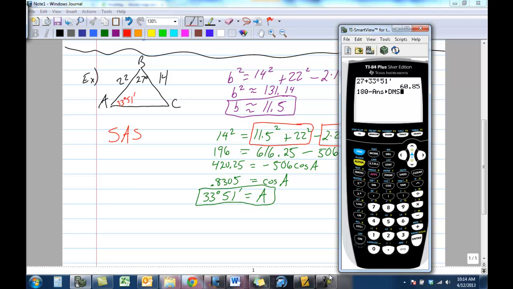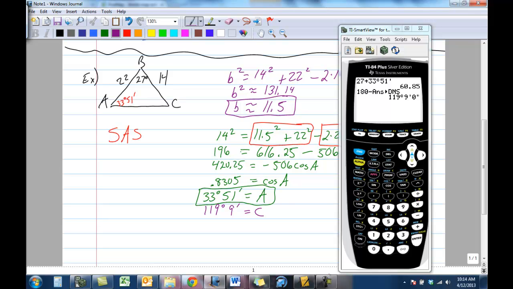DMS our answer. Real quick. If we have 51 minutes right now, how many more minutes do we need? What's the minutes going to be on our third angle? Take a guess. If you guess 9 minutes, you're starting to get this. Anyways, so angle C is 119 degrees, 9 minutes is angle C.